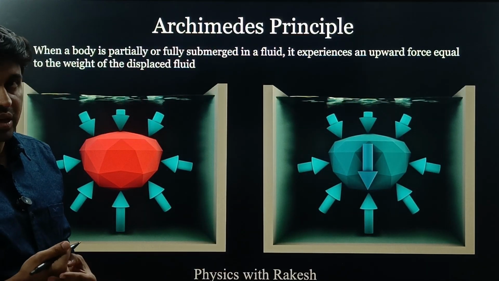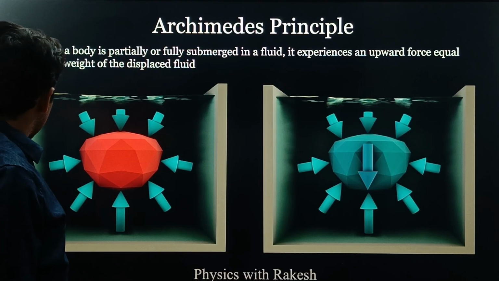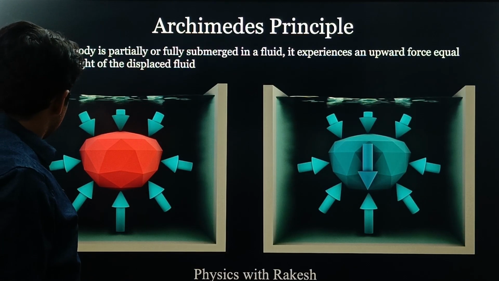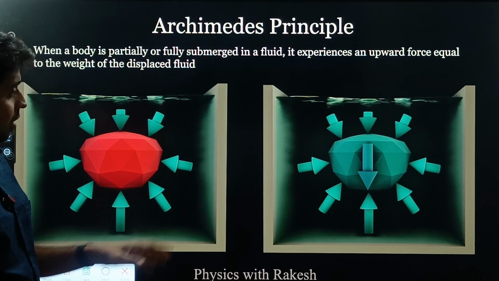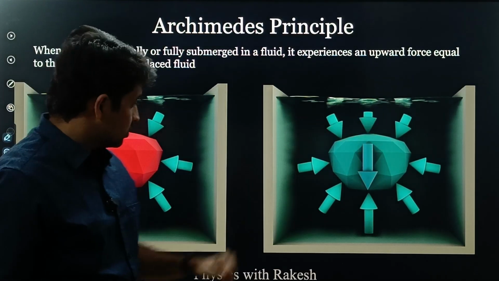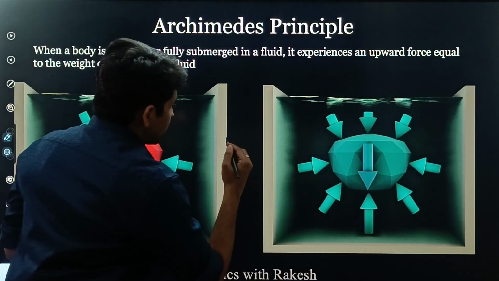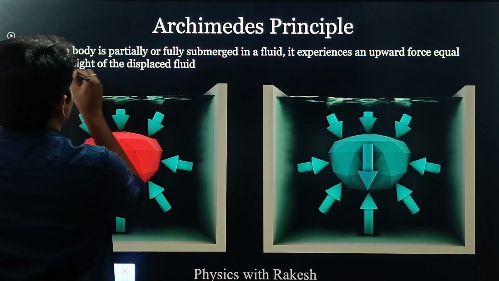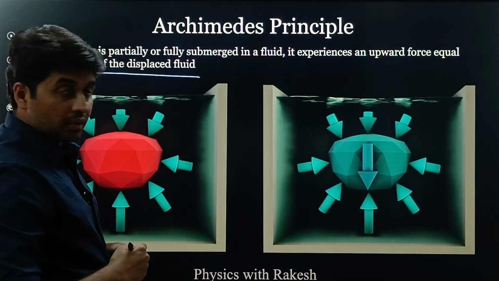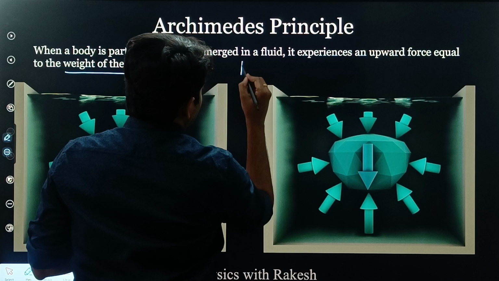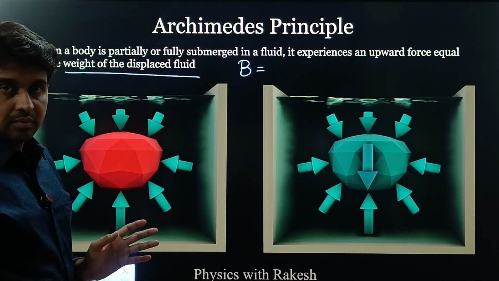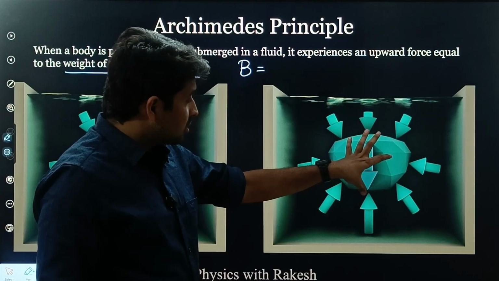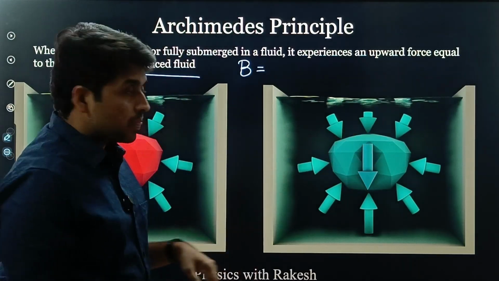So what is the expression for this buoyant force? Buoyant force equals weight of displaced fluid. Weight is nothing but m into g. What is the mass of this fluid? Mass is density into volume.